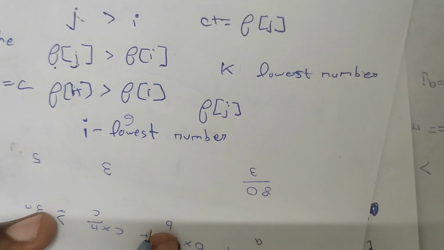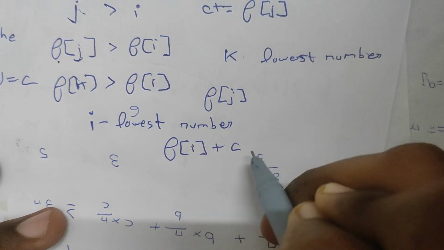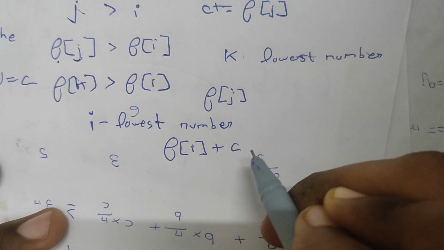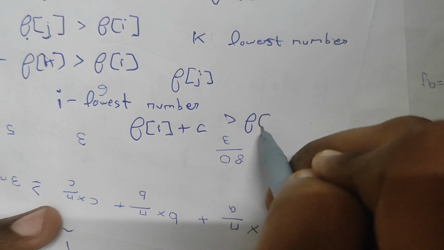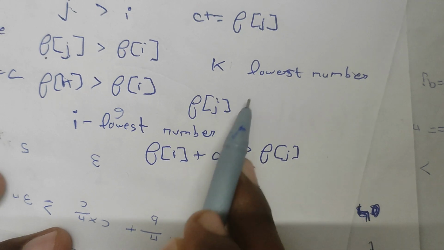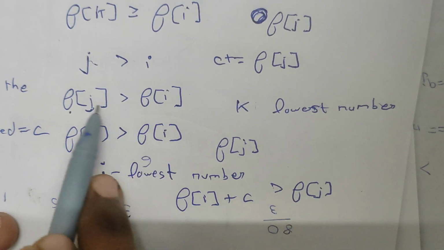Now we will check whether f of i plus C is greater than f of j. So the excluding of all the candidates below i happened because of this condition, right?